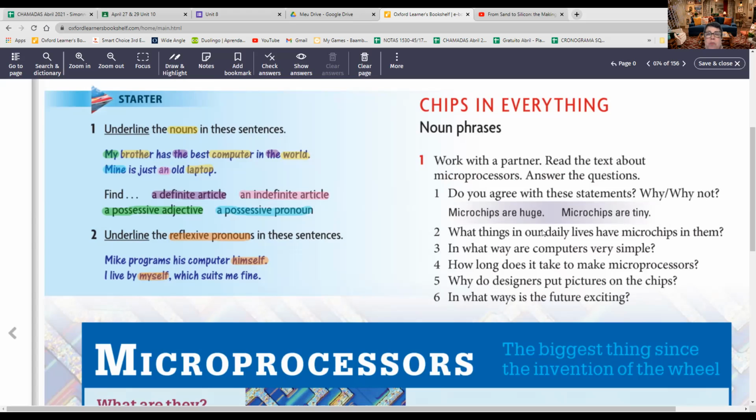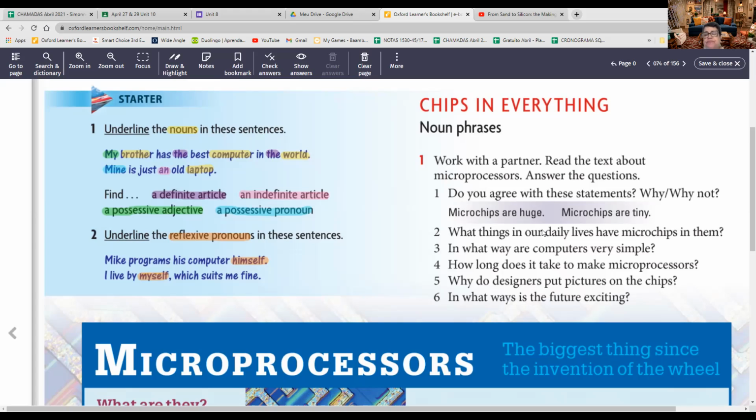They are small, but they have a huge capacity to store information and also to perform tasks. So they are super small, they are tiny, but in other words, they can also be considered huge because of the things they can do.